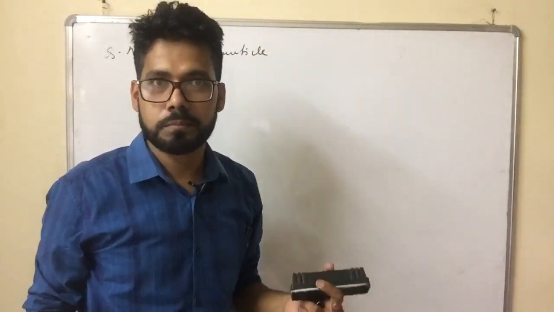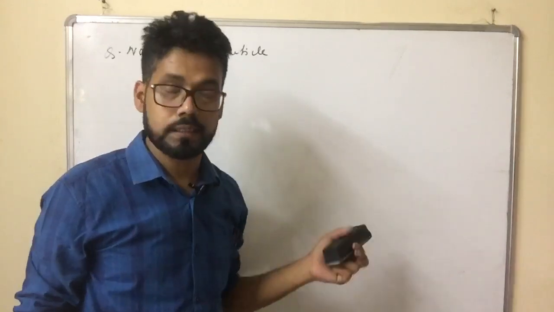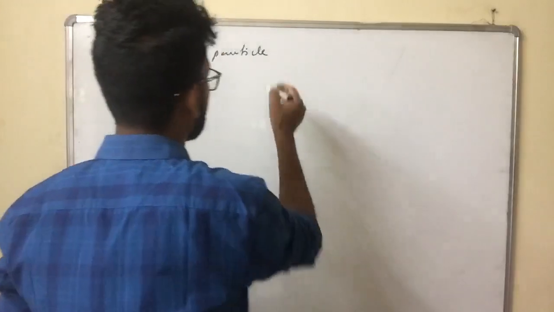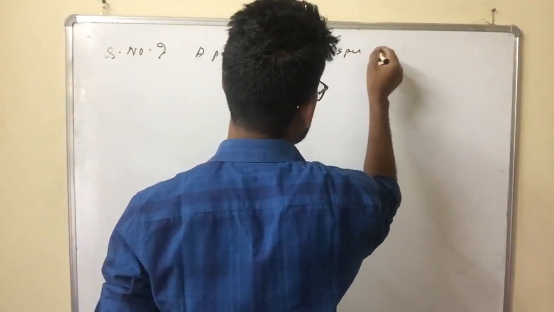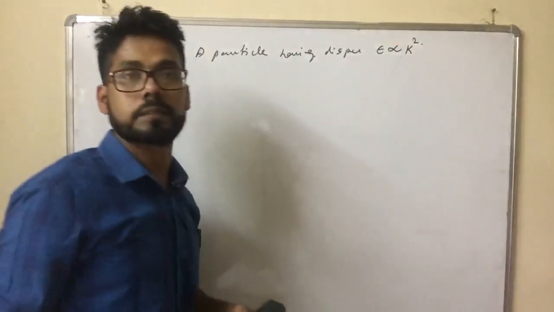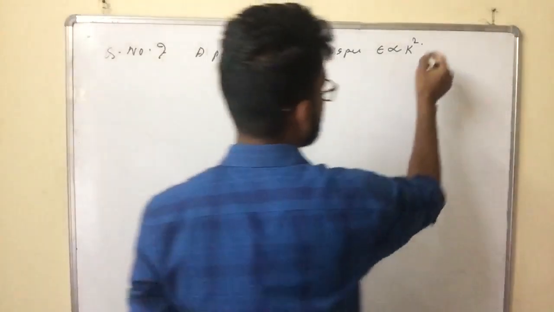It doesn't mention the particle. If they mention the type of the particle, we can easily find out. But if a particle has the dispersion relation E proportional to k to the power 2, this is the dispersion relation. What is the dispersion? I will tell you later.